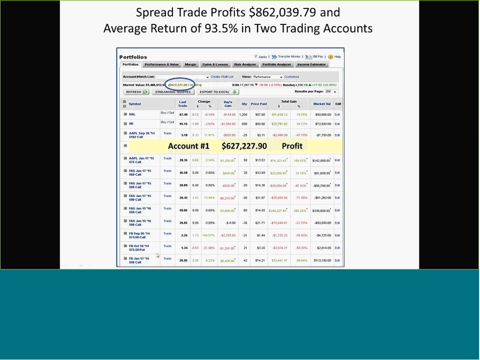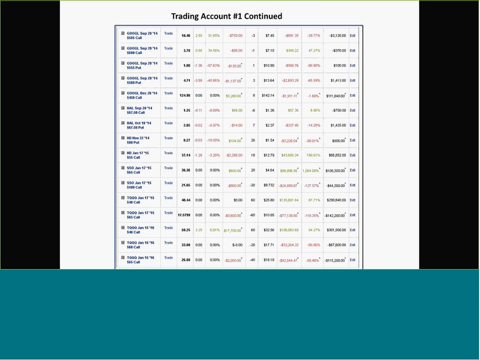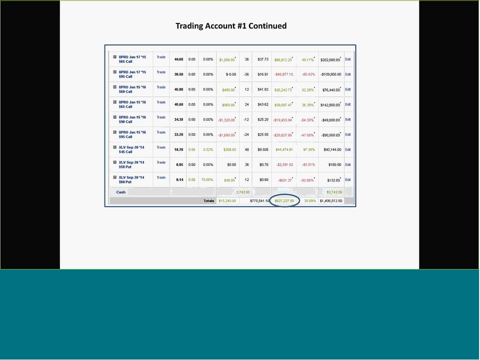I have a combination, as I mentioned, of option debit spreads and market neutral strangles. Here's a continuation of my number one account, and here's the last page of my option positions for that account. Again, that account has a $627,000 open trade profit.